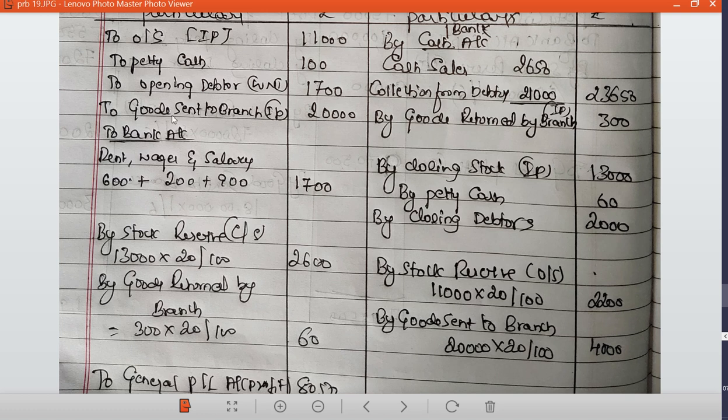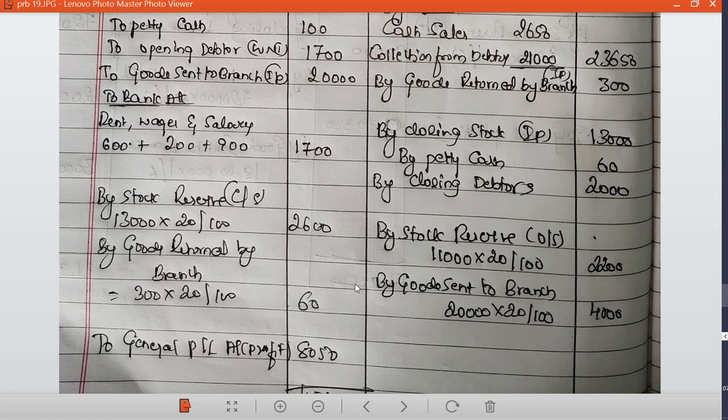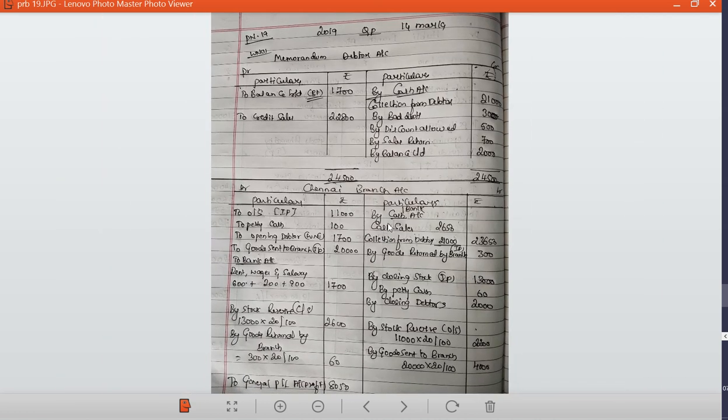Again there is profit in goods sent to branch, 20,000 into 20%, 4,000. There is also profit in the closing stock, by stock reserve 13,000 into 20%, 2,600. And again profit is also included in goods returned by branch, 300 into 20%, 60 rupees. Then make the total.